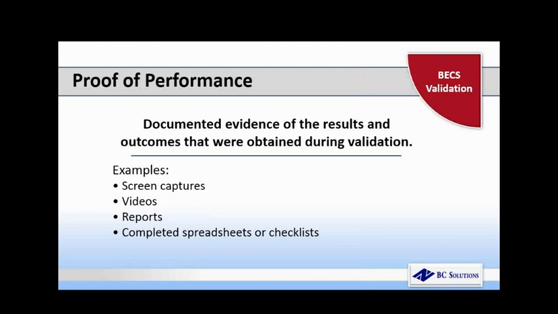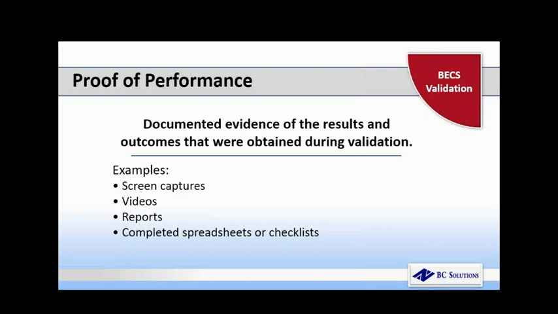Depending on what you're validating, the proof of performance that's required will vary. It may be electronic screen captures or videos that you made during the execution of the test script. There may be other documentation such as reports or other printed materials that would be adequate proof of performance based on what you're actually doing.